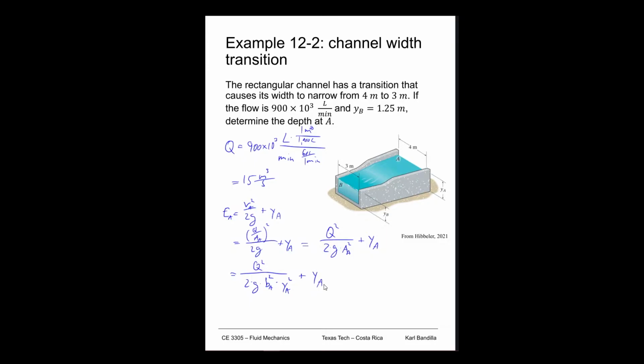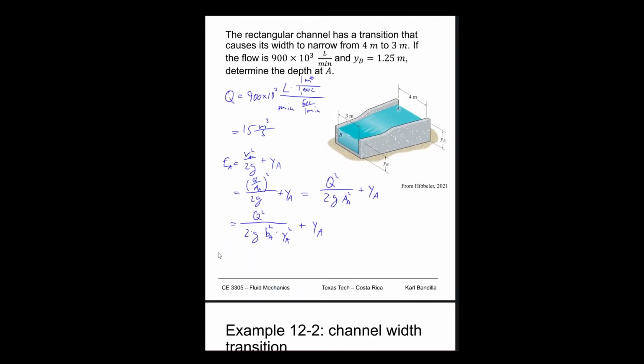All right, that was at A. Now we can do the same at B. I think we can just write it out. All we have to do is change the subscripts, so we'll just write it directly. EB is equal to Q squared over 2 times G times B squared times YB squared plus YB.